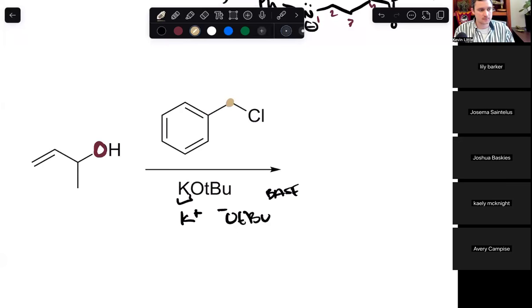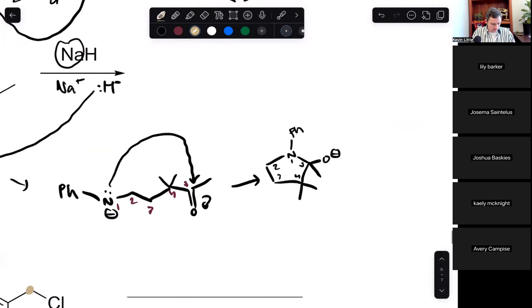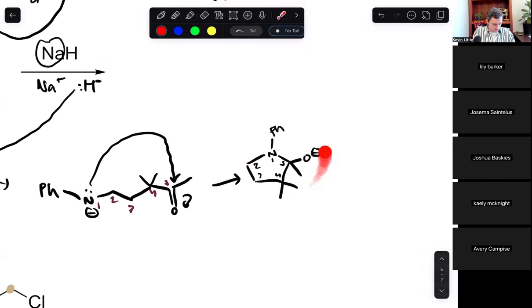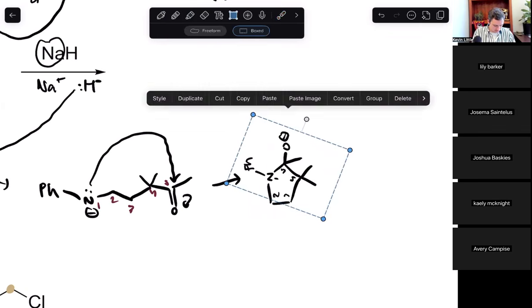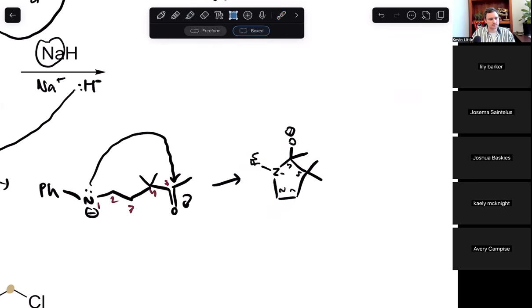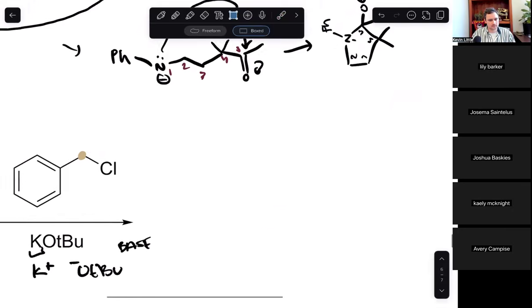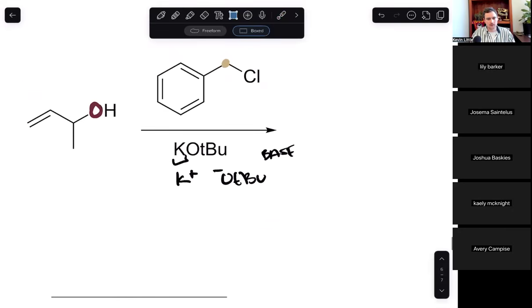A carbon attached to a leaving group. Someone asked, does it matter how we draw the ring? Nope. As long as we can tell pretty quickly if it's the right ring or not. If it's rotated, that's still the right answer. Good question.